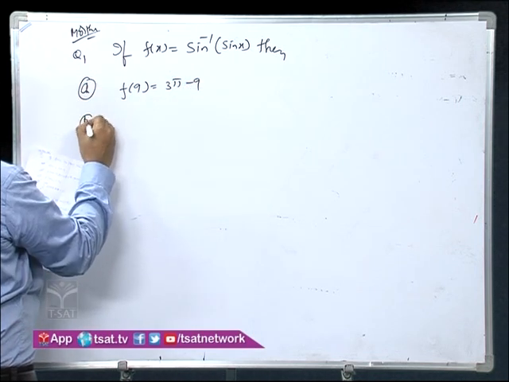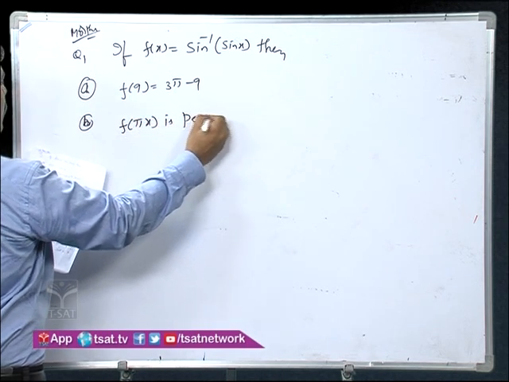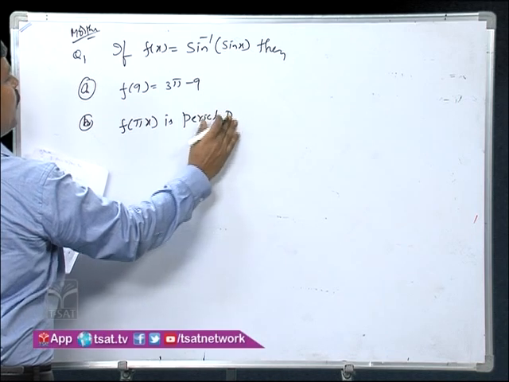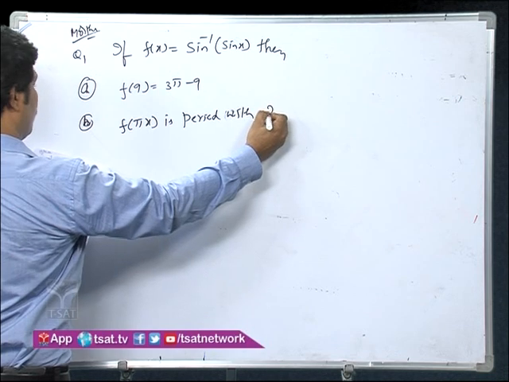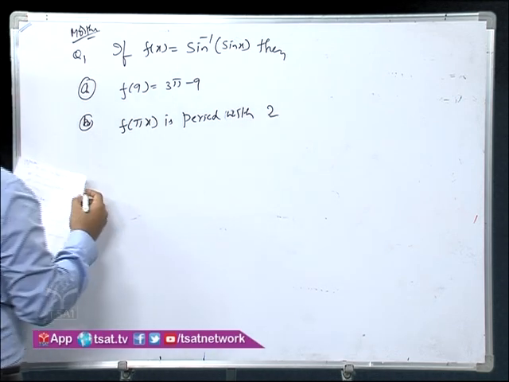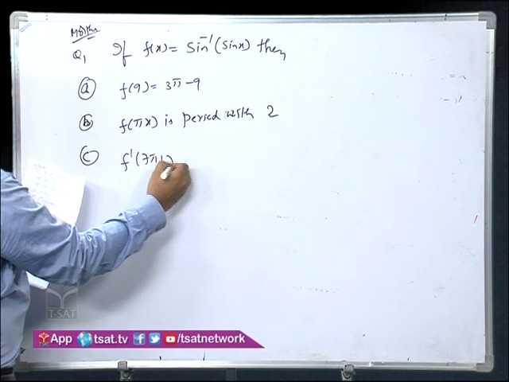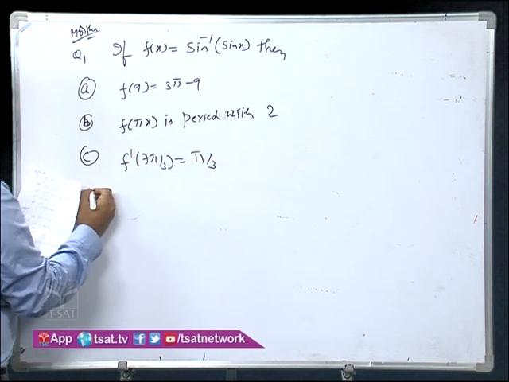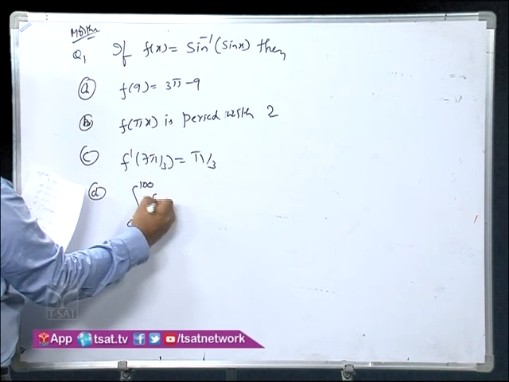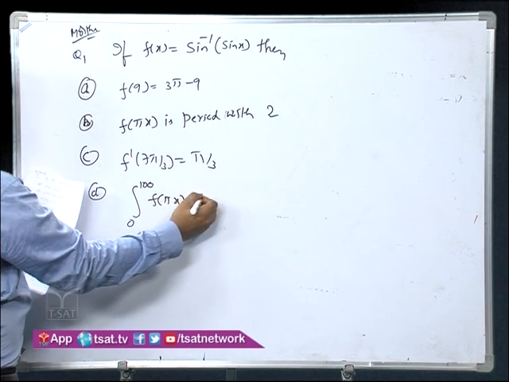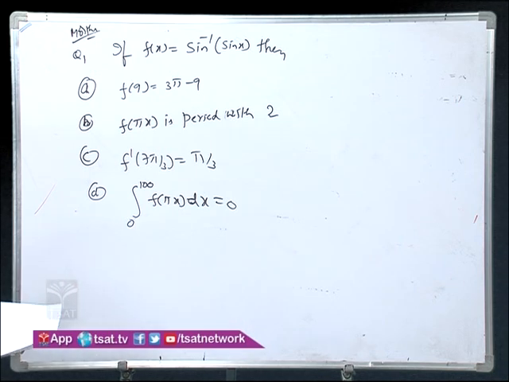B. f of pi x is a periodic function with period 2. C. f dash of 7 pi by 3 is equal to pi by 3. D. Integral 0 to 100 of f of pi x dx is equal to 0. This is the question. Okay, more than one option.